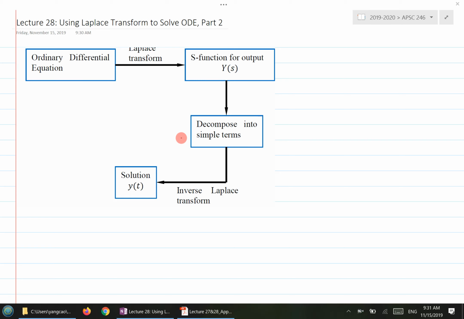Okay, just a quick review here. In the previous lecture, we used the Laplace transform to solve ordinary differential equations.